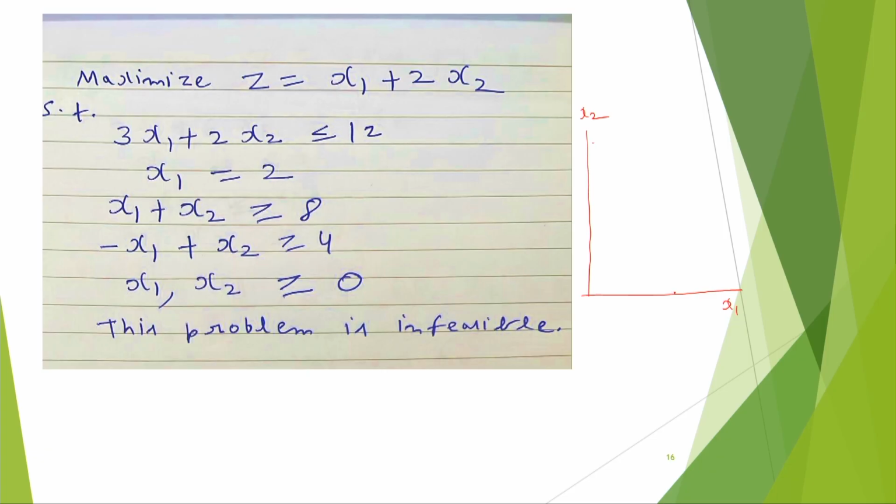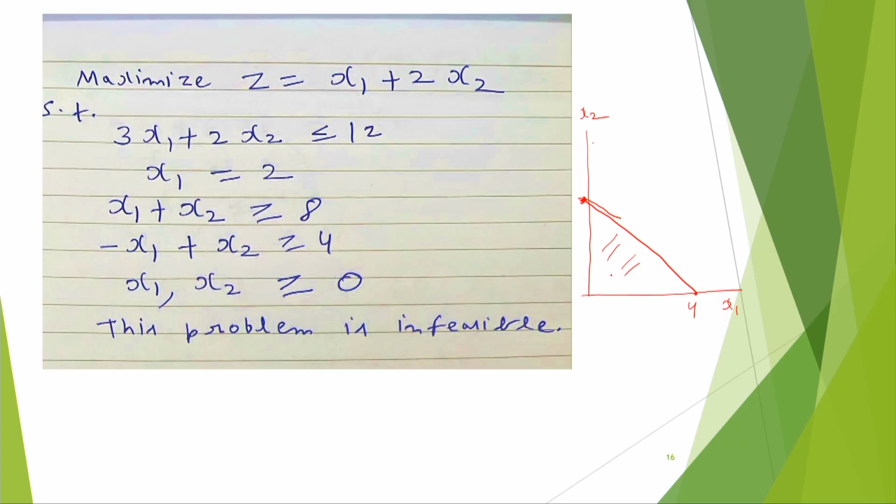That means at the x1 axis, if x2 is 0, x1 is equal to 4. So at 4 I have marked it, and here it is 6. I join these two points. So this constraint is this one.